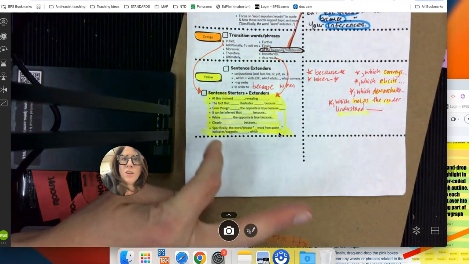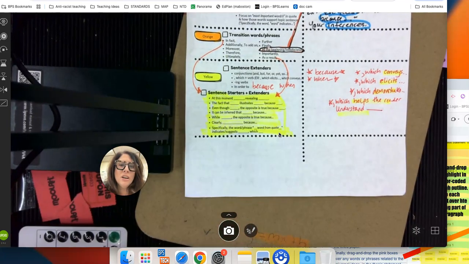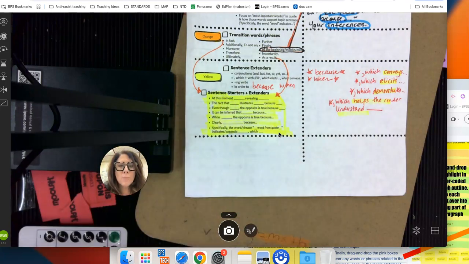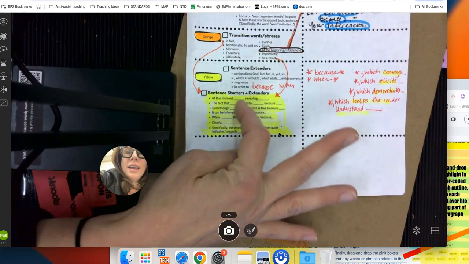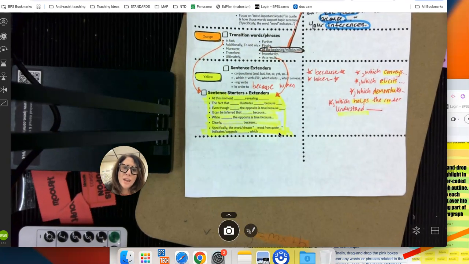And then really all you need for your reasoning is 3 different sentences like this. I like to start my first sentence of reasoning with at this moment, because it literally is referencing the quote that you just quoted. And then at this moment, what is happening? And then build on it with a comma, ing verb, like revealing, comma, demonstrating, comma, illustrating, right?